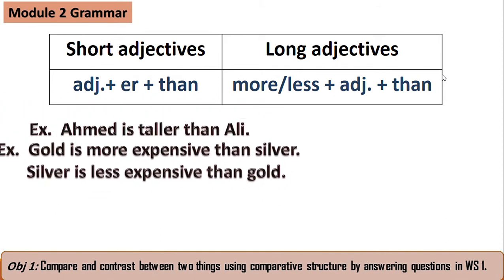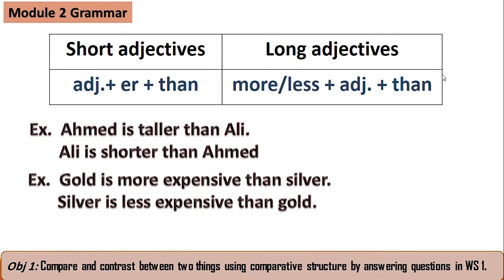The second example: gold is more expensive than silver, but silver is less expensive than gold. You use more or less with the same adjective. With the long adjective, we use more or less than. Okay?